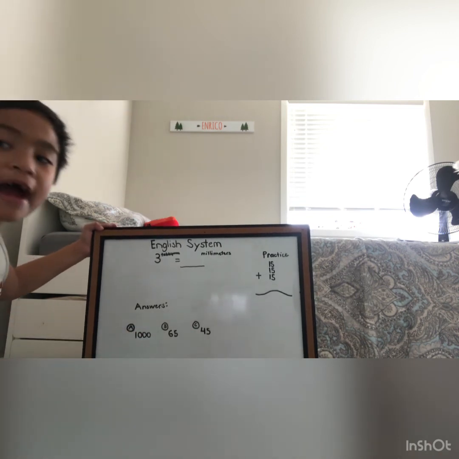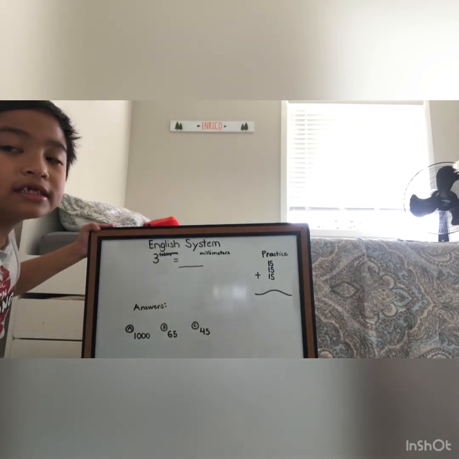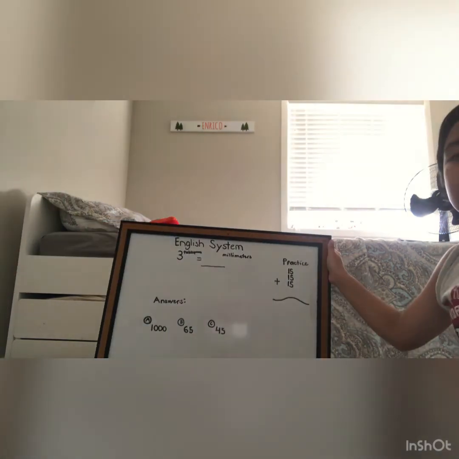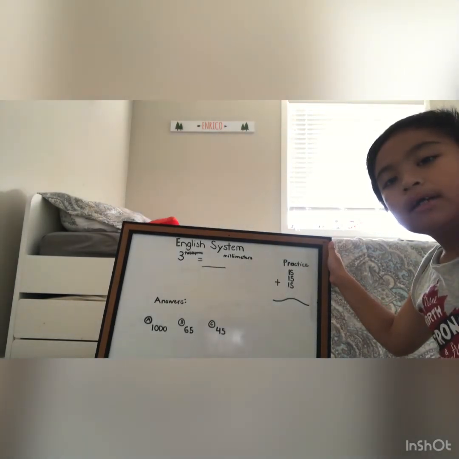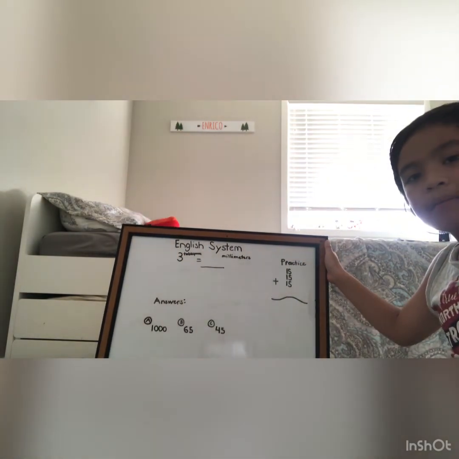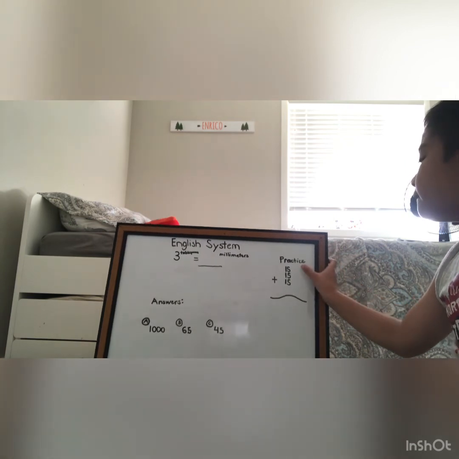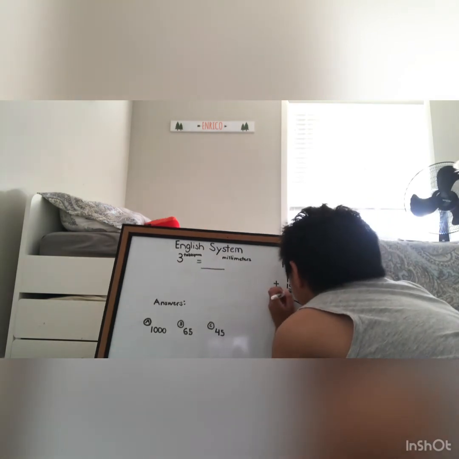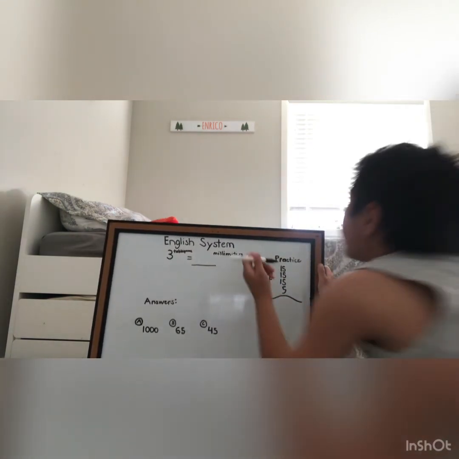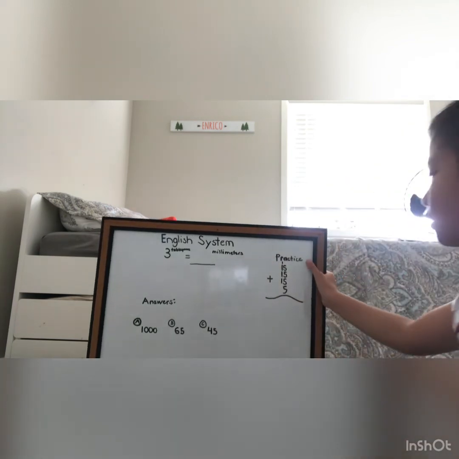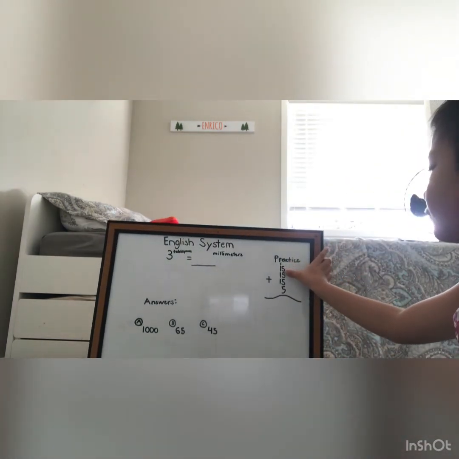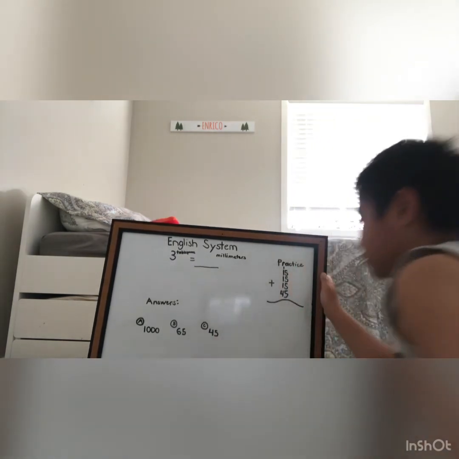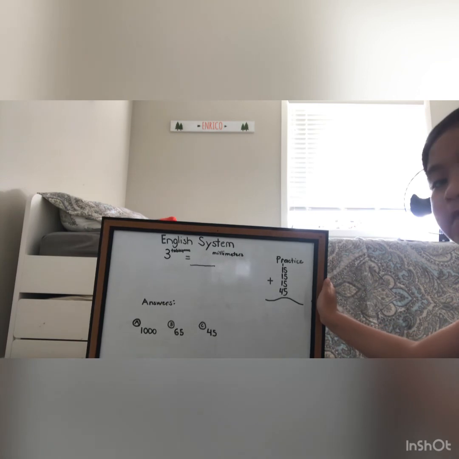Now I'll go to the practice and see why. So here I am to explain why. 5, 10, 15. So I put 5 and then add a 1 on top. 1, 2, 3, 4. So I add number 4. That's why it's 45.